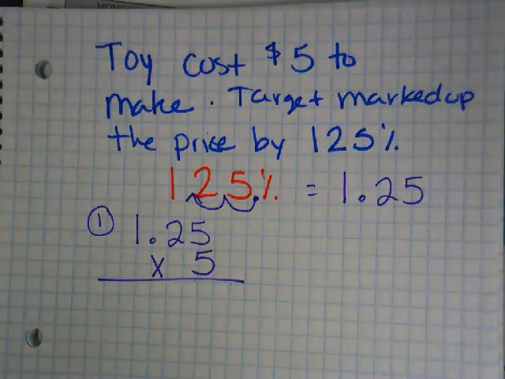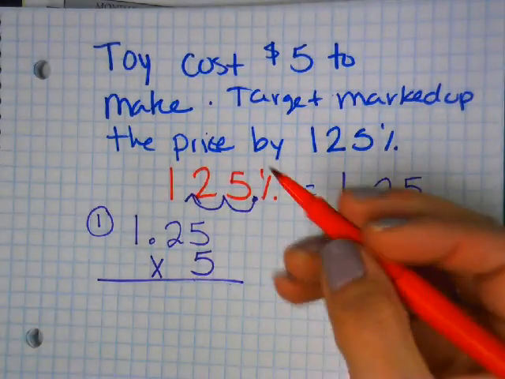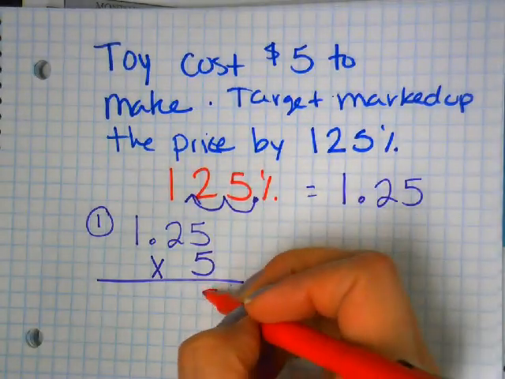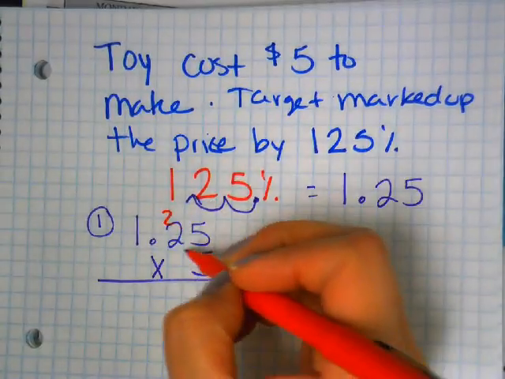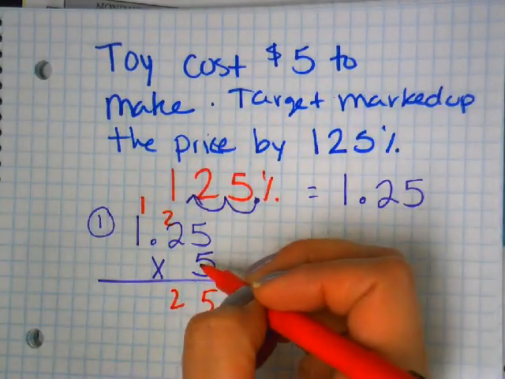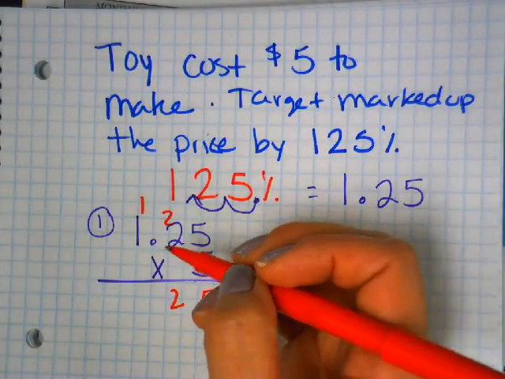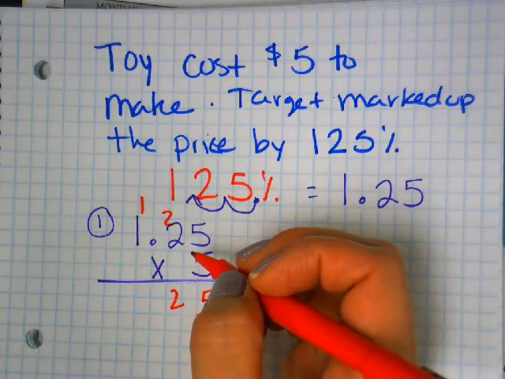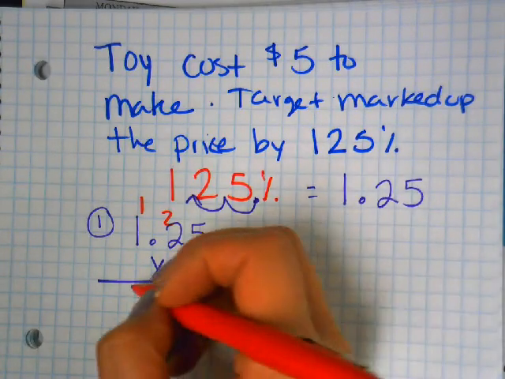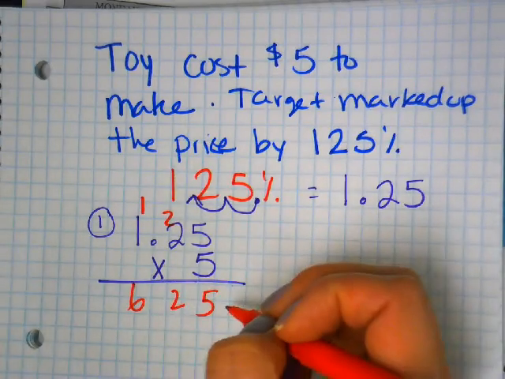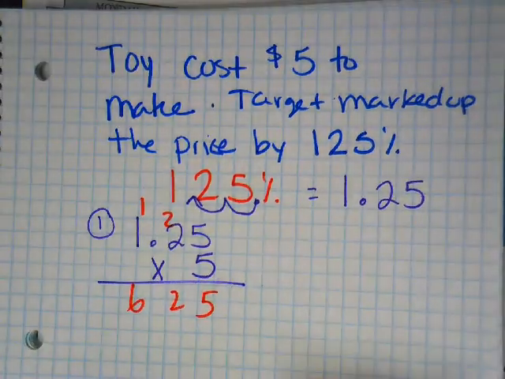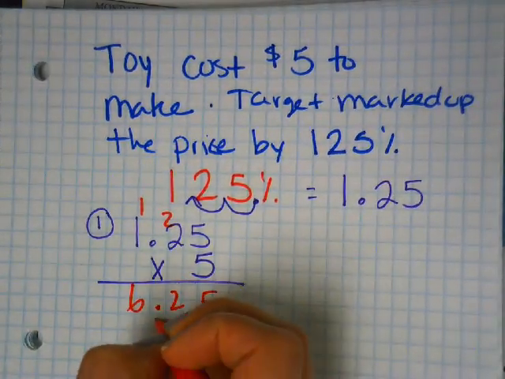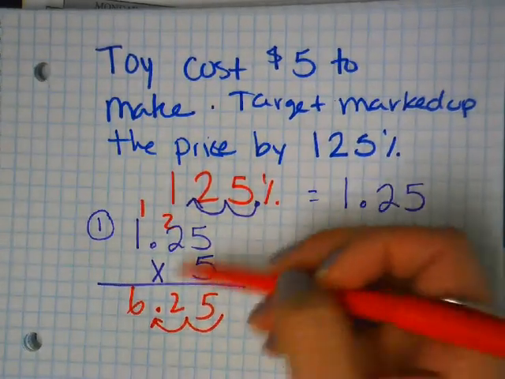Go ahead, I'm going to do it the long way. Don't just copy me, do it on your own. How many times do I move it? Twice, because I did it the long way.